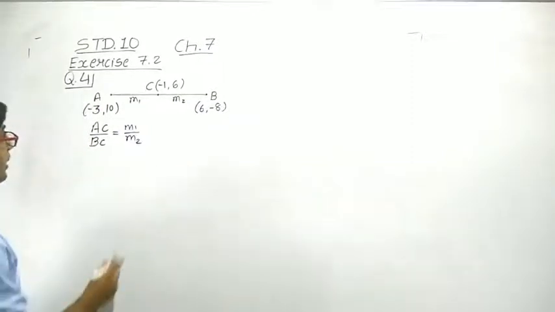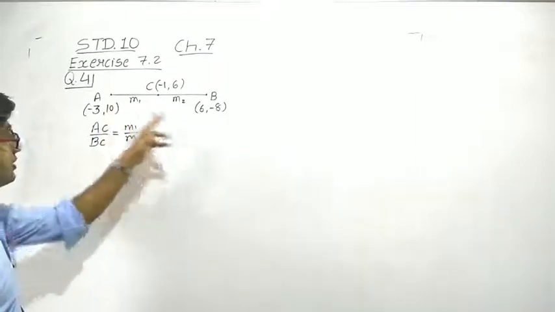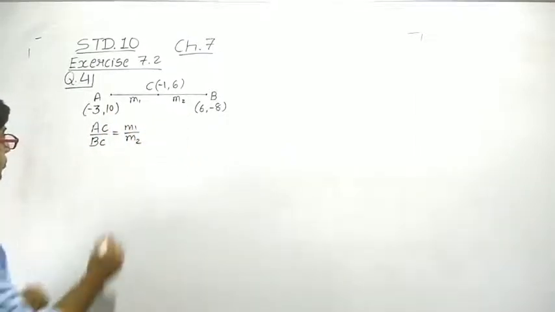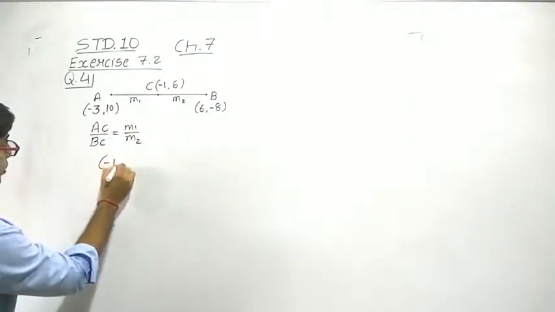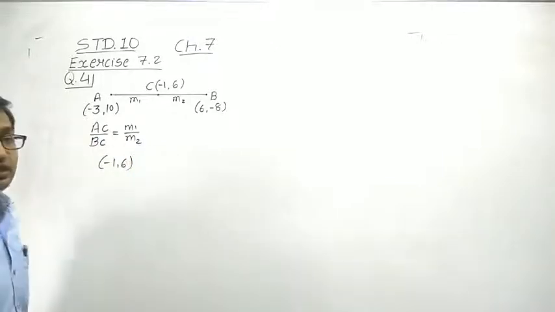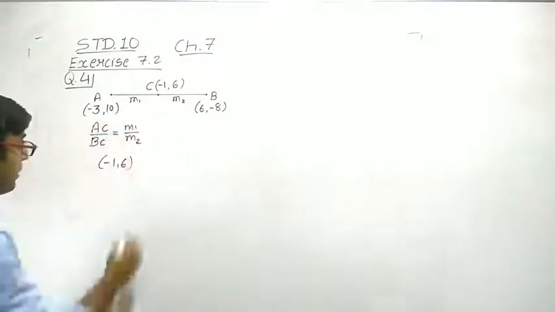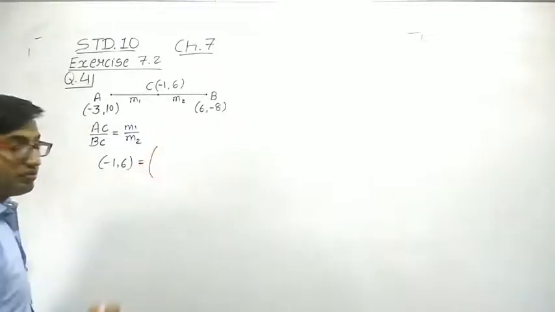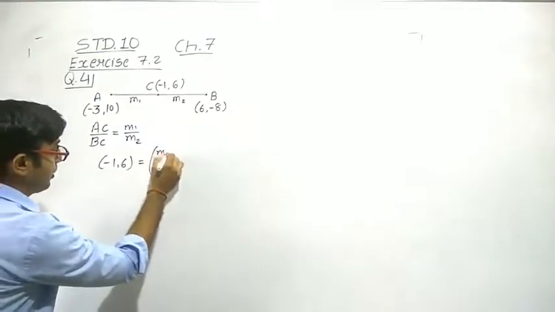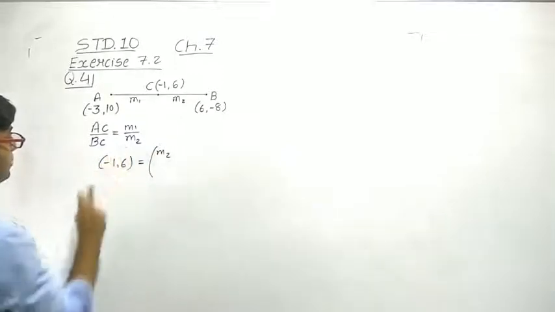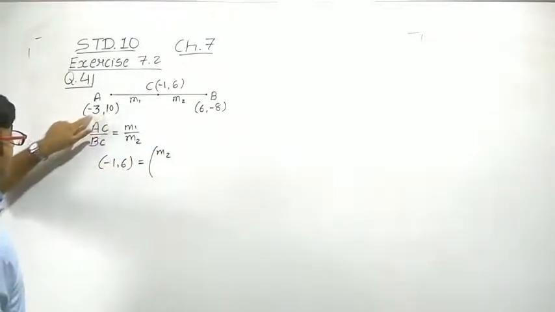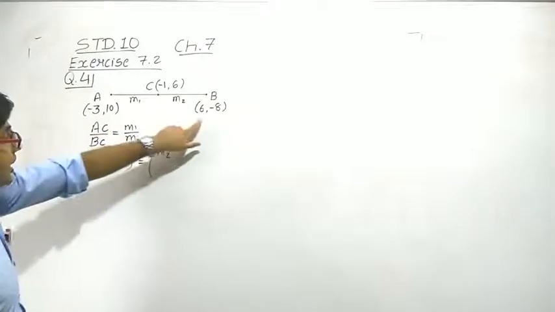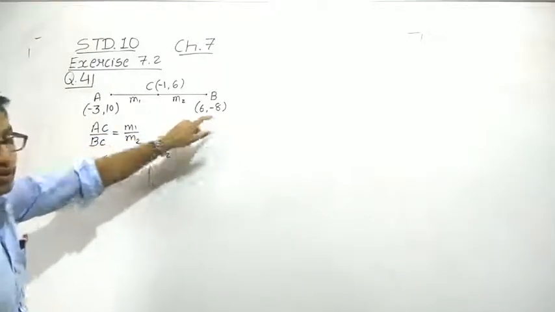According to the section formula, C is the point which divides the line segment AB. So here we have to write the coordinates of the point that divides the line segment, and we have to use the formula, and the formula is what? m2 x1 plus m1 x2 upon m1 plus m2. Now see, we can take this as (x1, y1) and this as (x2, y2).